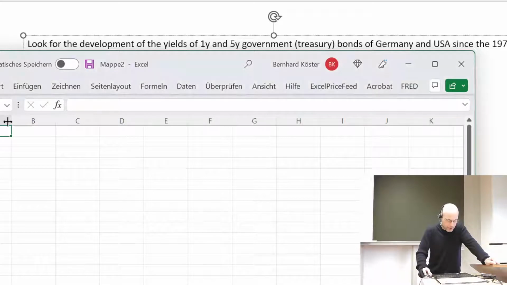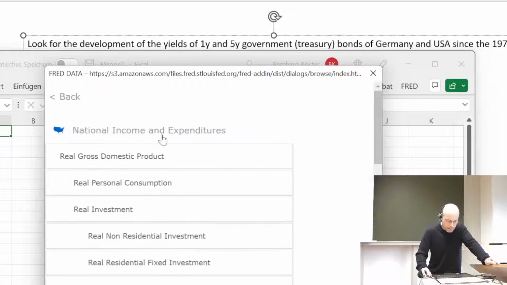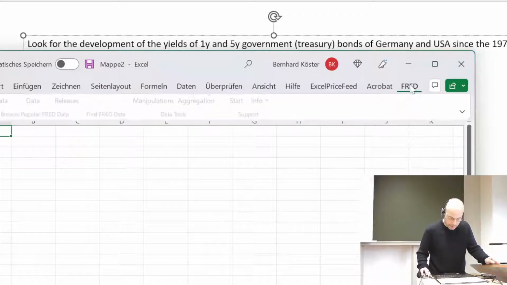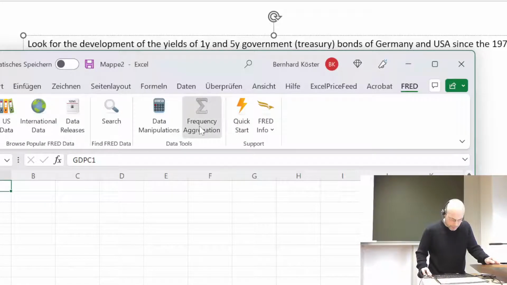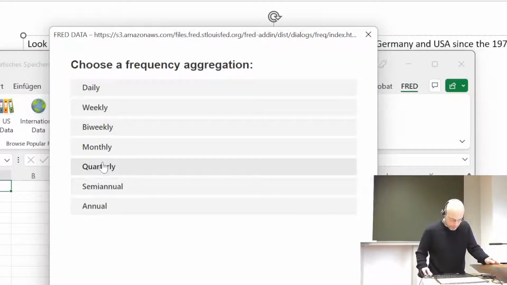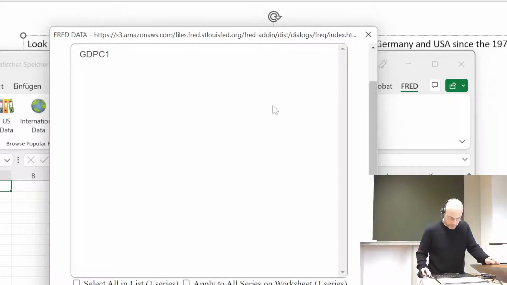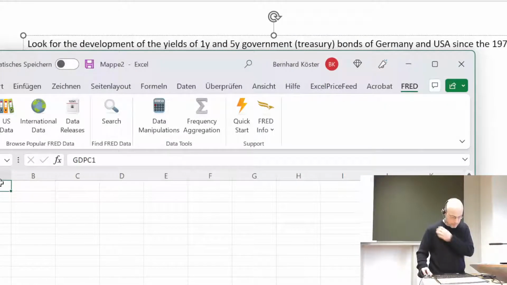And then we take US data, national income, real gross domestic product, and frequency of aggregation quarterly, and get the data.